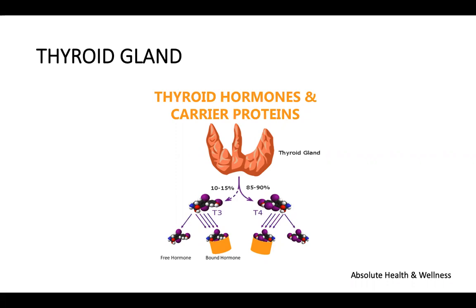The same thing goes with the release of T3 from the thyroid gland. Most of it is bound to thyroid binding globulin, and very little of it is free. T3 is actually the active form of the hormone, and T4 can be converted to T3 in the periphery. Next slide.